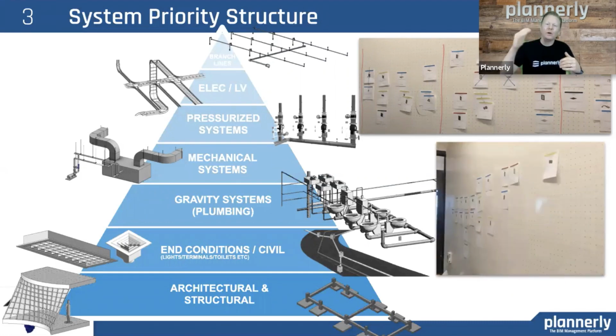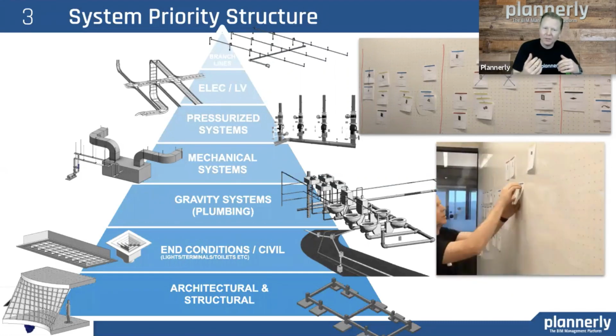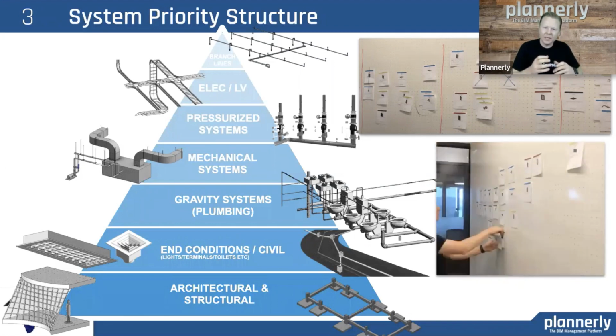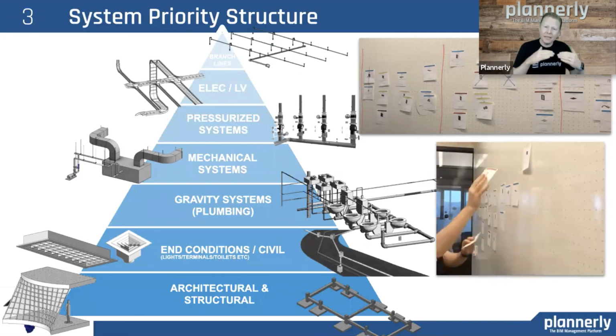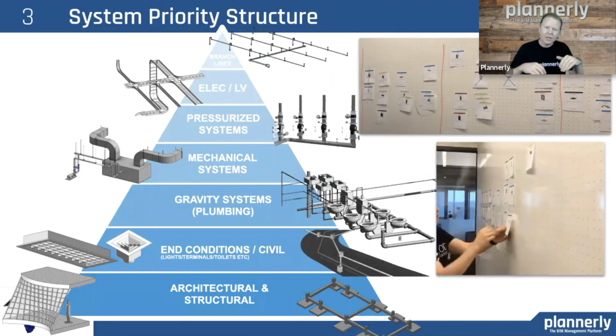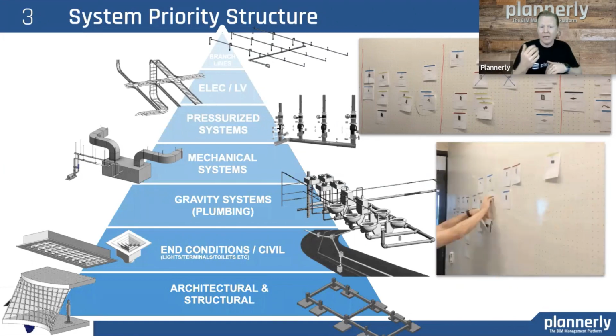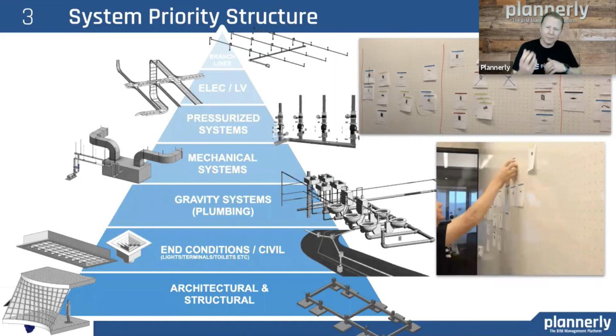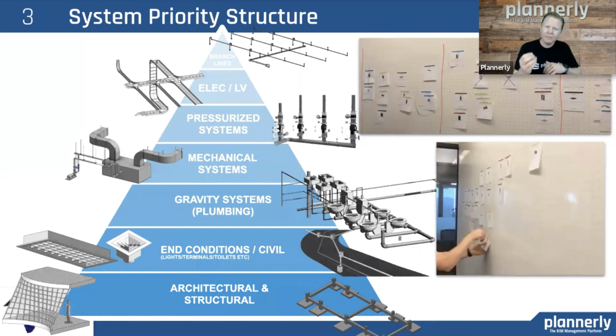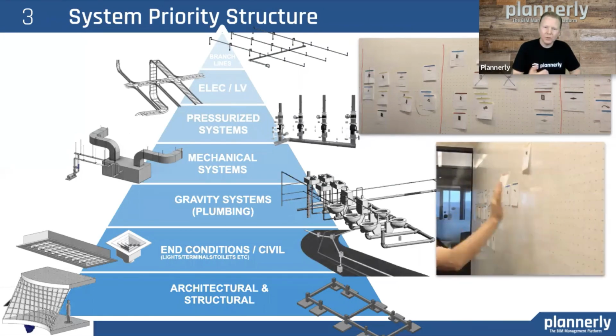And then moving all the way through things that are slightly more flexible, piping, but maybe the gravity systems need to be in place because they need a slope. And then less and less impact on the things that are maybe under pressure and can route around others and have a lower cost to do that.